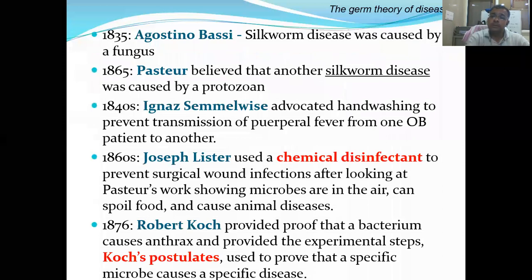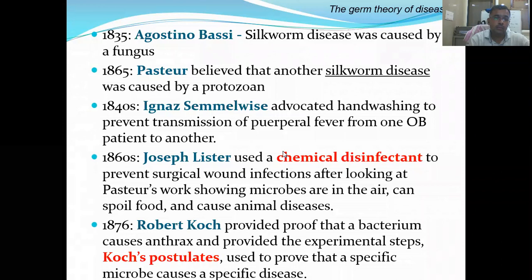Okay, so this is the last slide of today's presentation, that there are a number of scientists who had performed a lot of experiments to prove the germ theory, and they had correlated particular diseases with germs. For example, Agostino Bassi first time proved that silkworm disease is caused by some fungus. He had isolated and proved that this particular pathogen is responsible for this particular disease.